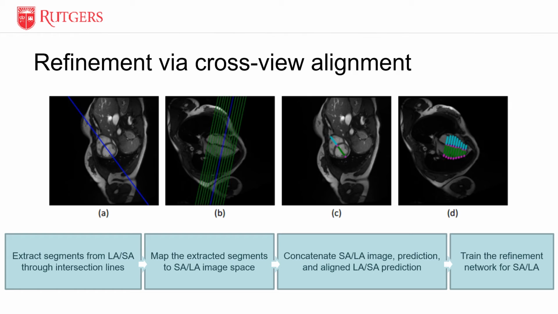Then, we concatenate the short axis image, its corresponding prediction, and the aligned long axis prediction together to form a 7-channel input to train the refinement network for short axis. Similarly, we can align the masks from short axis image spaces into the long axis image spaces and train another refinement network for long axis. In this way, the first-stage prediction results of the cardiac structures can be refined to produce the final predictions.